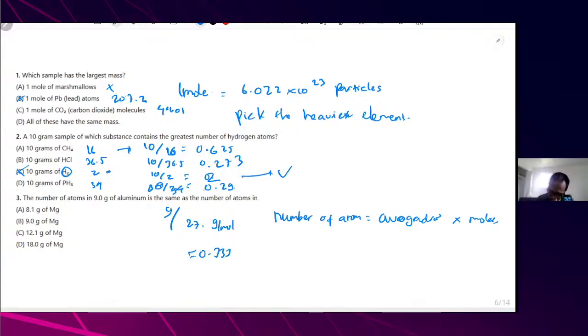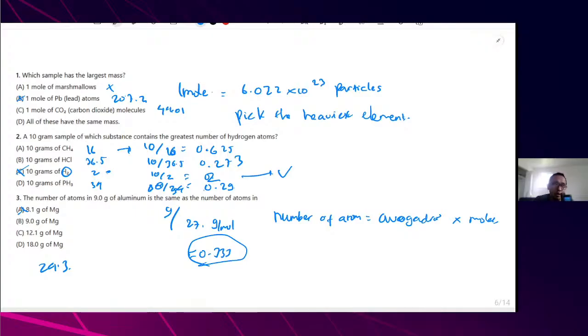So we just need to calculate this one. The molar mass of magnesium is 24.3, so just times 24.3 times 0.33. So it will be 8.1. Okay, so the answer should be 8.1. It's very easy using this question.